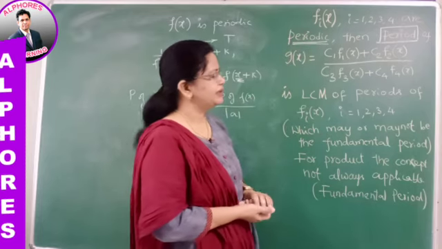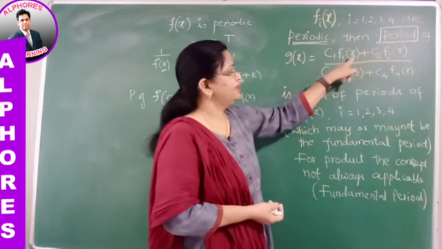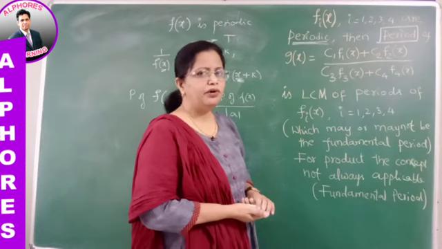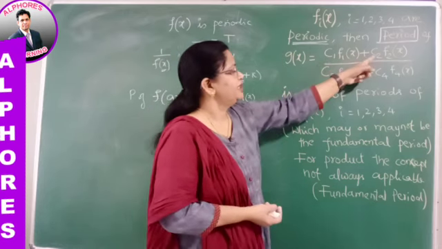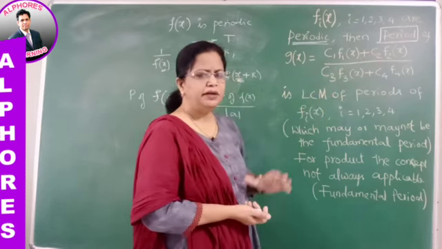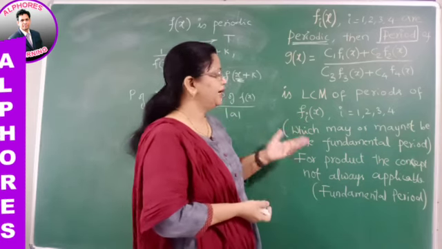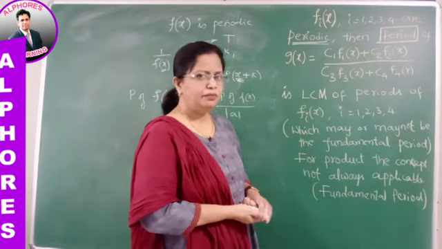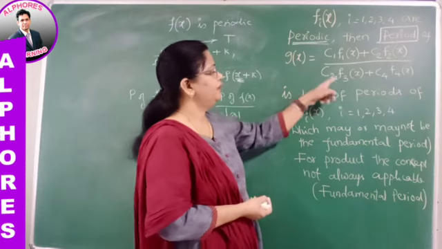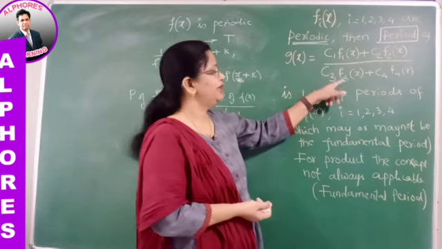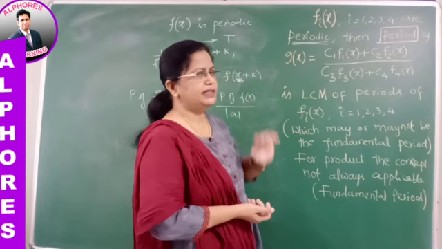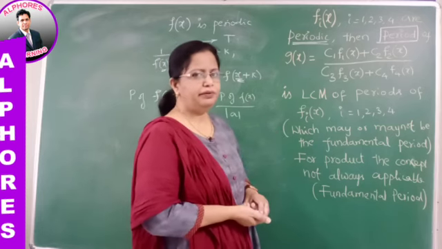Whenever you write it this way, it is said to be a linear combination. Here C1, C2, C3, C4 are constant values and they can be negative or positive. And as usual, the denominator is always not equal to 0. Then only we can say g of x is a real valued function.